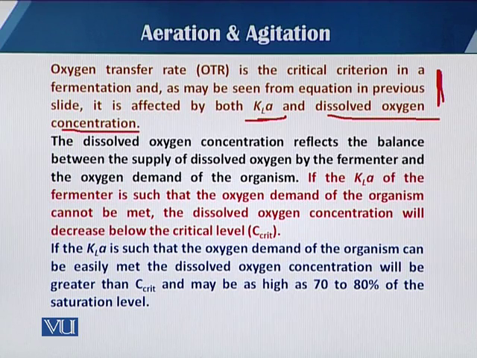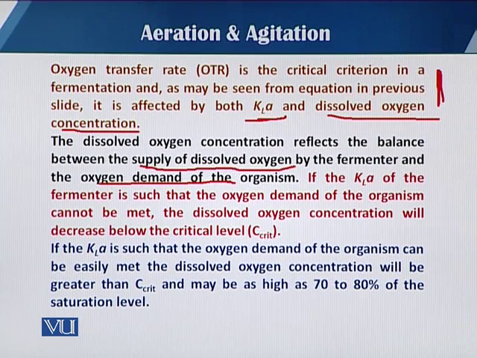The dissolved oxygen concentration reflects the balance between the supply of dissolved oxygen by the fermenter and the oxygen demand of the organism. So one is the dissolved oxygen and the other is the demand of the cell: what will be the demand, and what is the concentration of oxygen present in the form of dissolved oxygen.